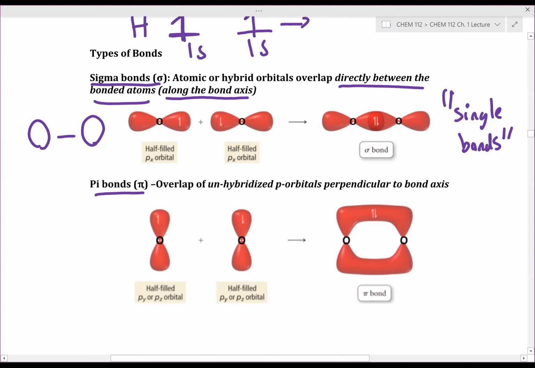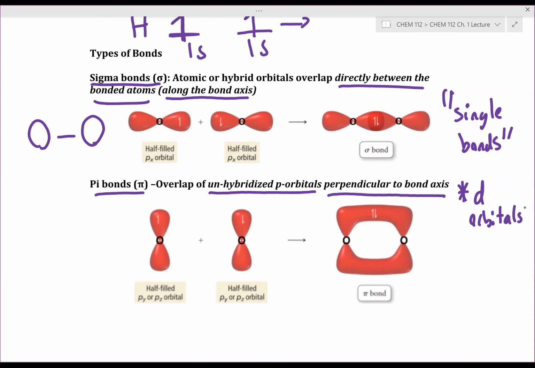And a pi bond is very specific. It's the overlap of unhybridized p orbitals perpendicular to the bond axis. There's one other little nuance I want to add. This can also include d orbitals, but we do not see a ton of that in this class. That's primarily in inorganic chemistry.